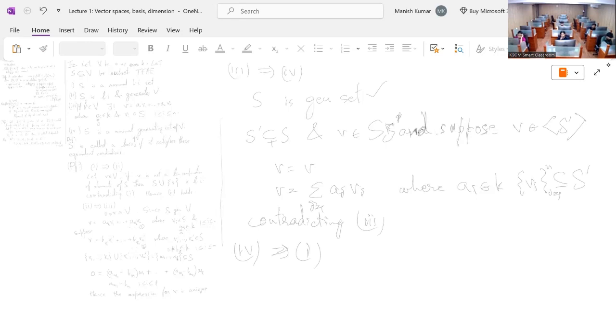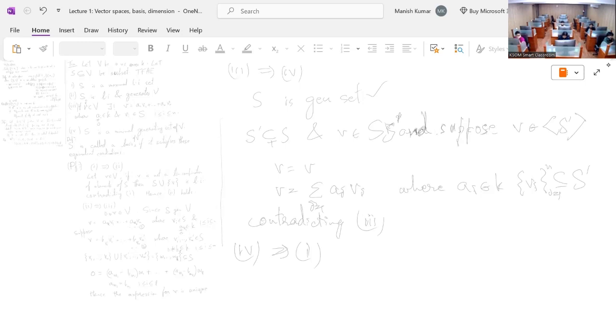So that covers 3 implies 4, and finally we should prove 4 implies 1 and we'll be done. 4 implies 1 says that if S is a minimal generating set, then S is also a maximal linearly independent set. So we want to prove that S is a maximal linearly independent set too.